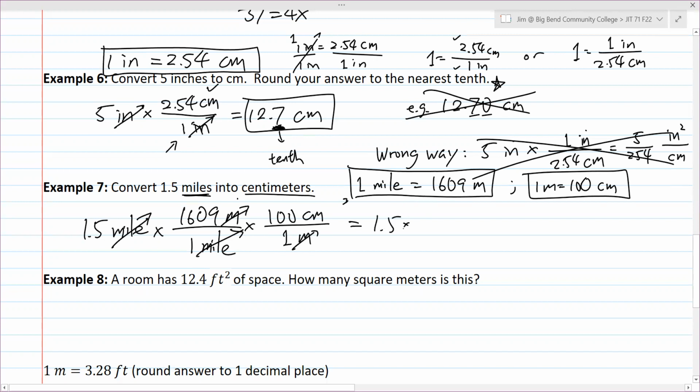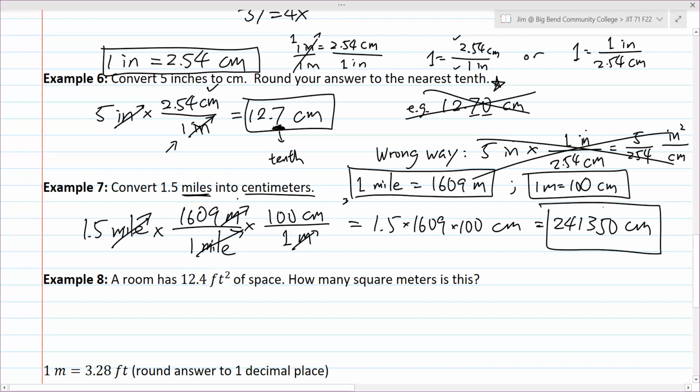So if you plug things into the calculator, you'll have this in centimeters, and the final answer will be a huge number, which is 241,350 centimeters. They don't have rules about the answer format, so we can leave it as an integer, which is totally fine. And problem solved.